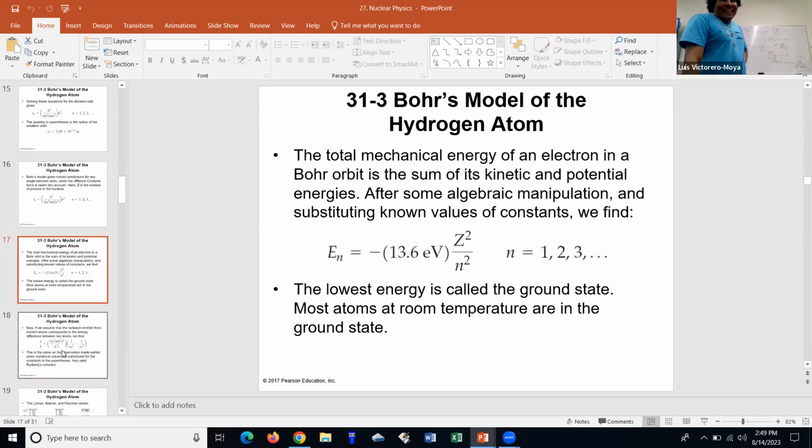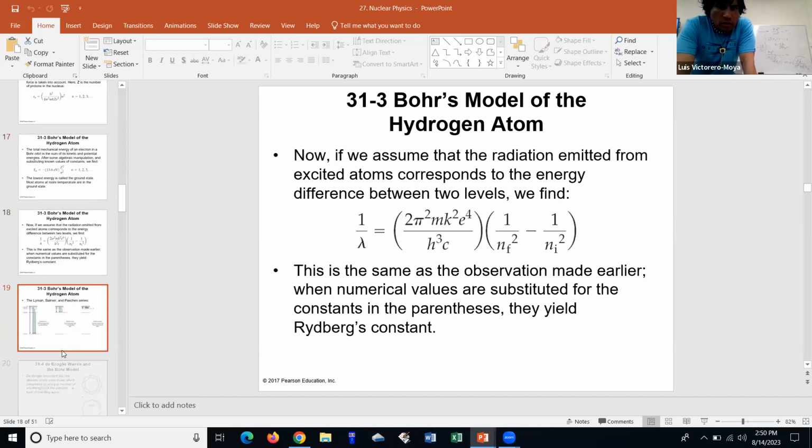And then you can find the energy of the energy level. In electron volts it is negative 13.6 electron volts. For the hydrogen atom it will be just negative 13.6 electron volts divided by n squared. That's the lowest energy, called the ground state. All right. And that's what you have.